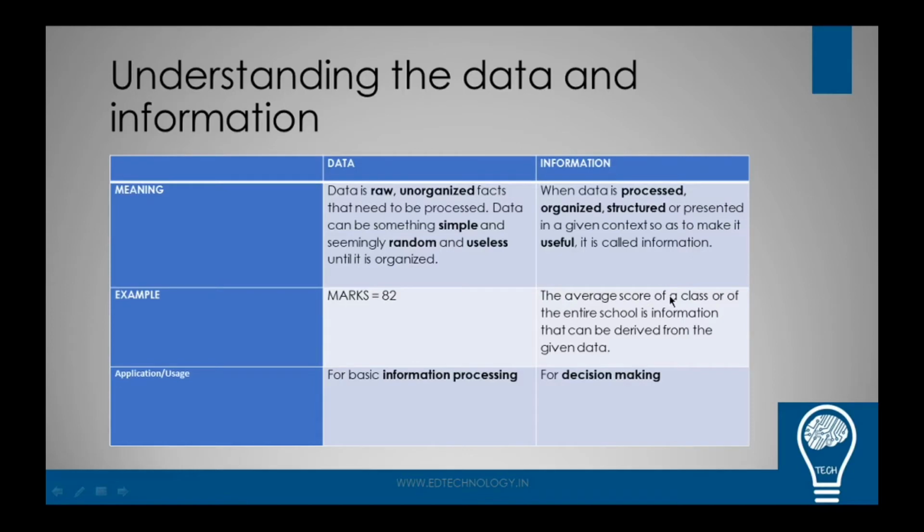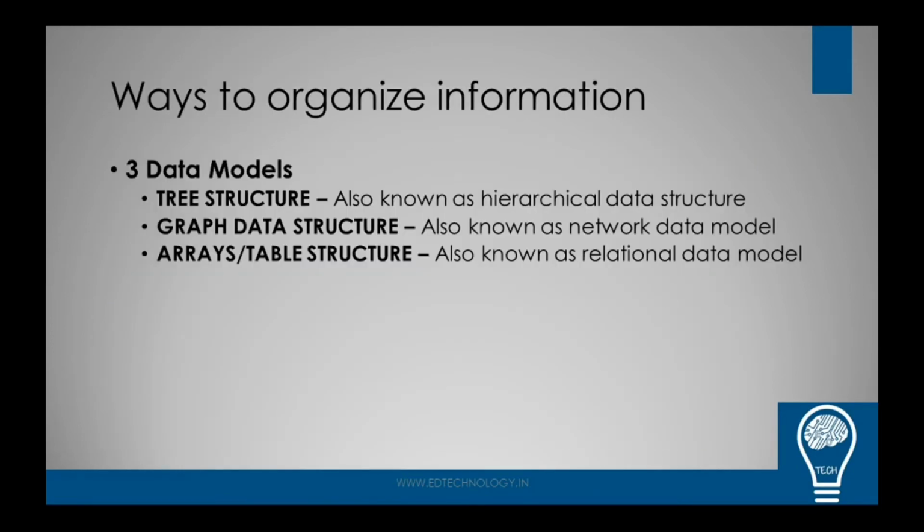In order to organize data into information, we have three different models, right? We are not getting into the depth of this. Maybe in a further video, we might discuss each of them in detail. But in general, we have three data models. One is when we organize the data into a hierarchical data structure, also known as a tree structure.